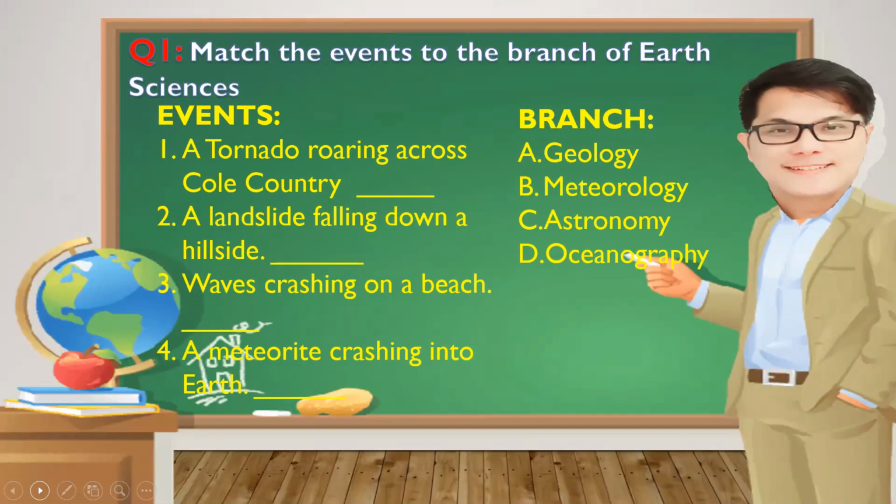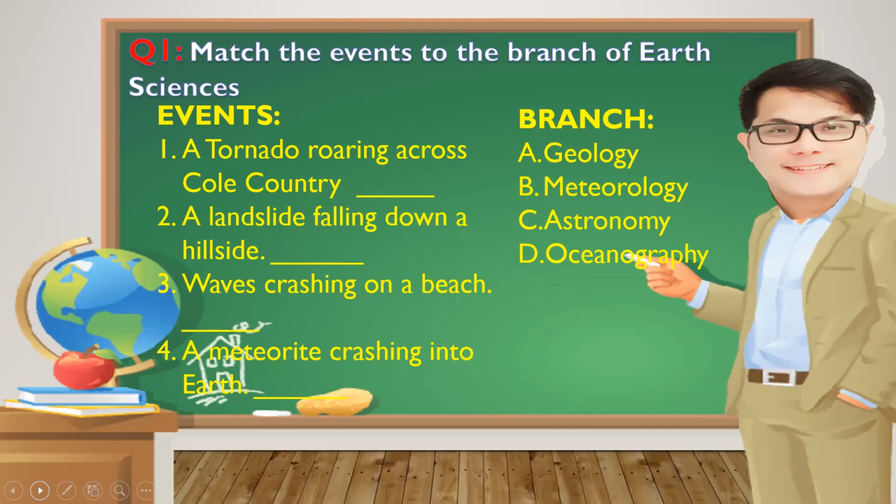Question number 1. Match the events to the branch of Earth sciences. Number 1, a tornado roaring across the countryside. Number 2, a landslide falling down a hillside. Number 3, waves crashing on a beach. And number 4, a meteorite crashing into Earth.